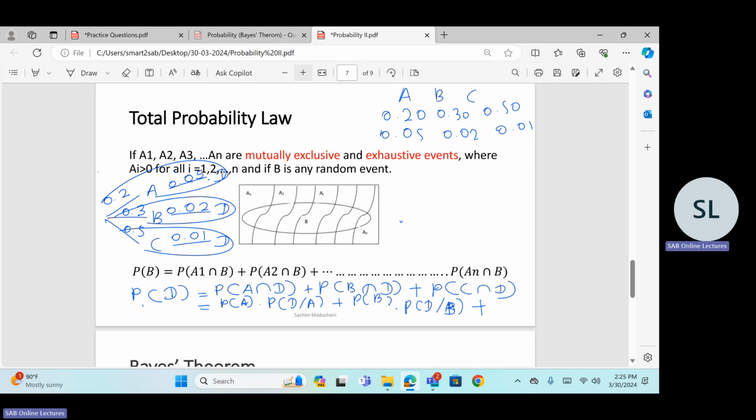The output is a defective one, and based on that it was produced using machine A. How do we write it? A given D, with the first event written in the second place. How do we get the probability value using the conditional concept?